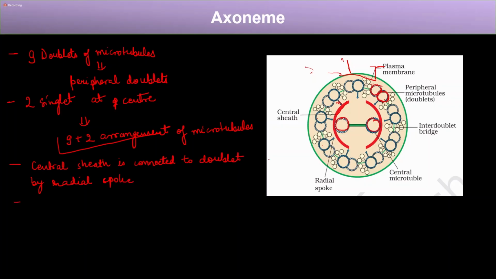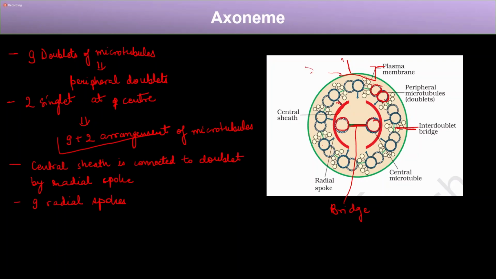And how many radial spokes are there in total? There are 9 radial spokes in axoneme. So this is all about the structure of axoneme. Apart from this, these doublets are also connected by this interdoublet bridge, and there is a central bridge that connects the singlets.